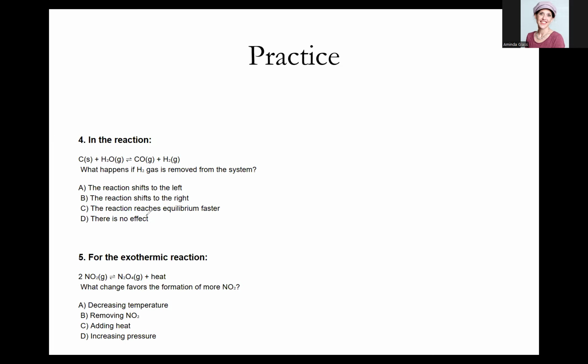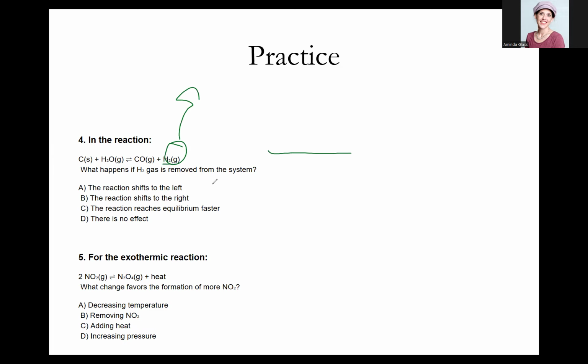Now, in the reaction, carbon plus water is in equilibrium with carbon monoxide plus hydrogen. We're in equilibrium. If we remove hydrogen gas, we take this out, what will happen to the system?